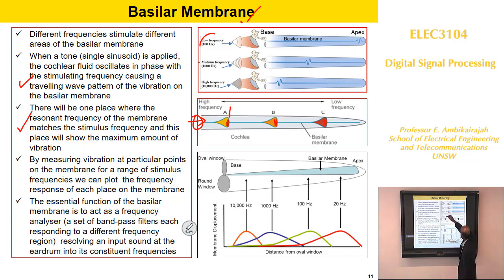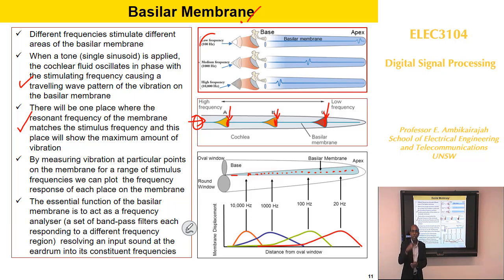And this vibration needs to be picked up by something. So along the membrane, there are hair cells sitting on top of it as well. The structure, that's what's called the organ of Corti.